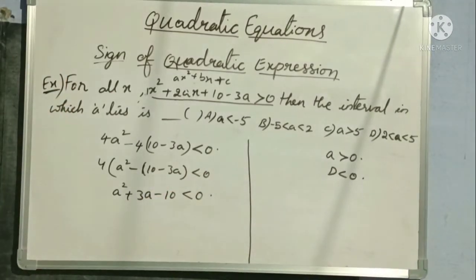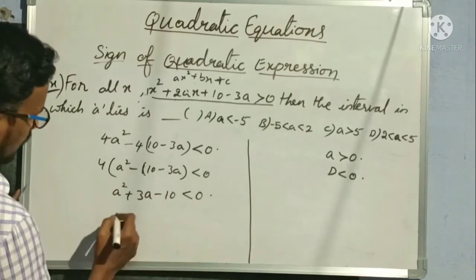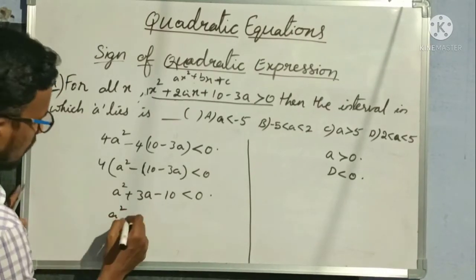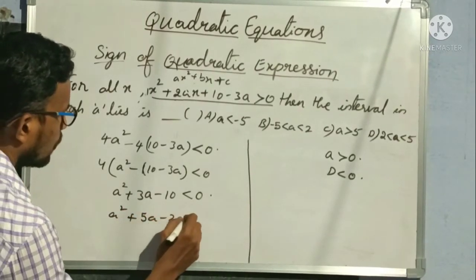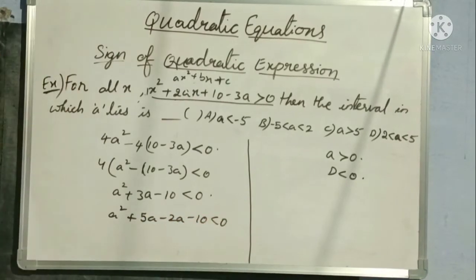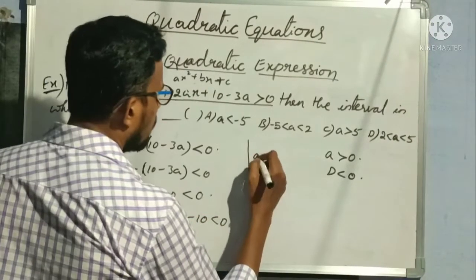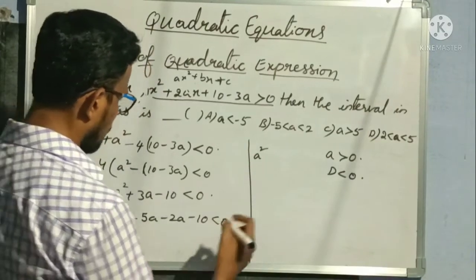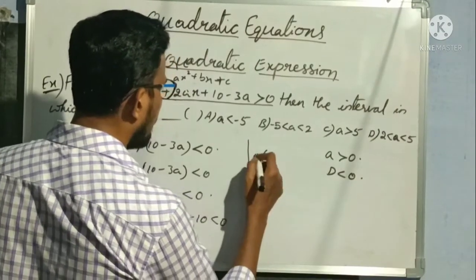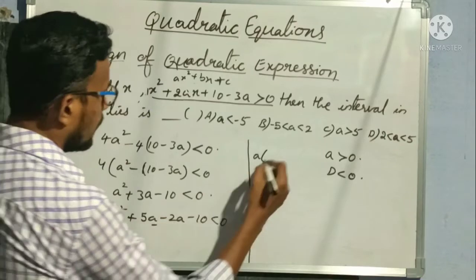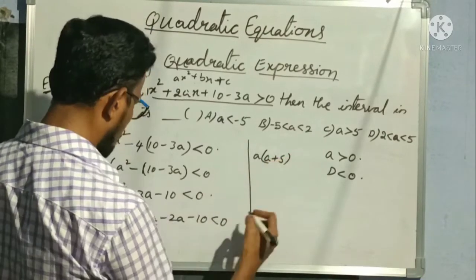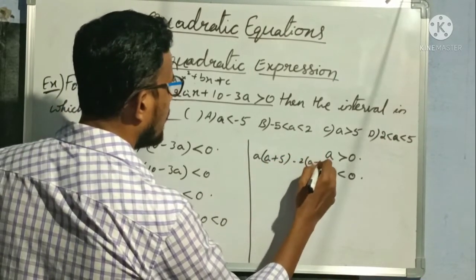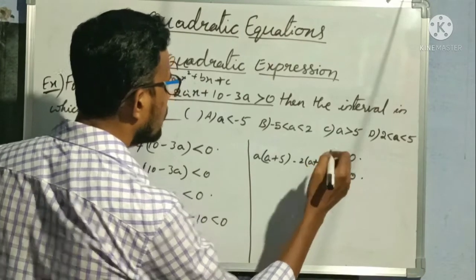So what are the roots here? a square plus 5a minus 2a minus 10 less than 0. If I take a common in between these two, then a into a plus 5 minus 2 into a plus 5 is less than 0.